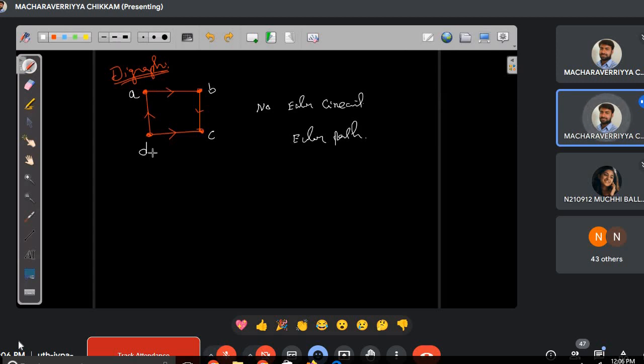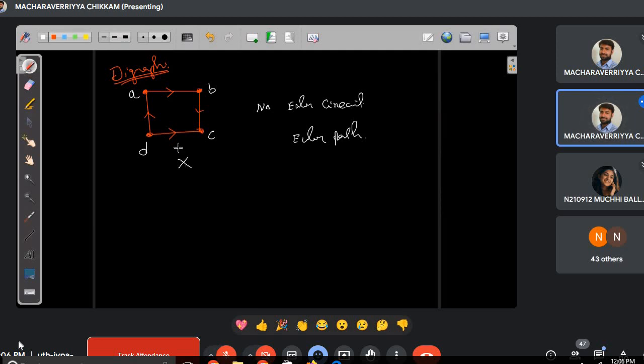We have 1 length, 2 length, and 2 length, but the maximum length of a simple path here is 3. But we need a 4 length simple path. Alright. So it is very clear that this digraph does not have any Euler circuit or Euler path.